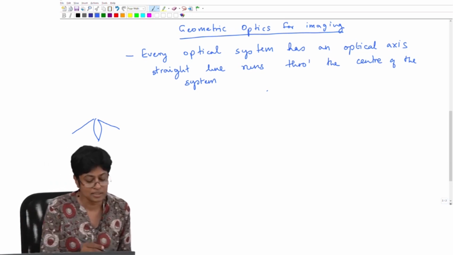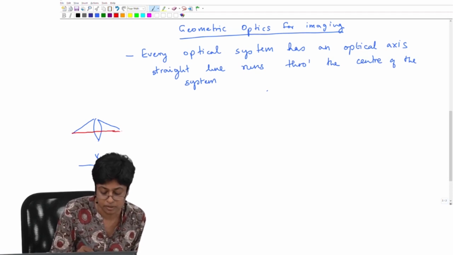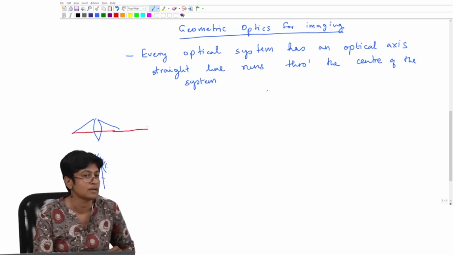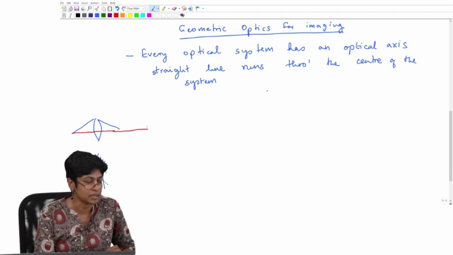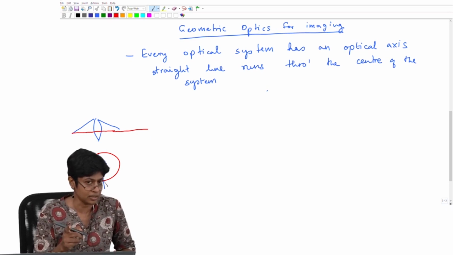The optical axis is that line which travels through the center of the system. I haven't really drawn it through the center, but I hope you understand what I mean. Right? It is the path that a ray would travel undeviated through the system. I can use a mirror to change the direction of the optical axis.